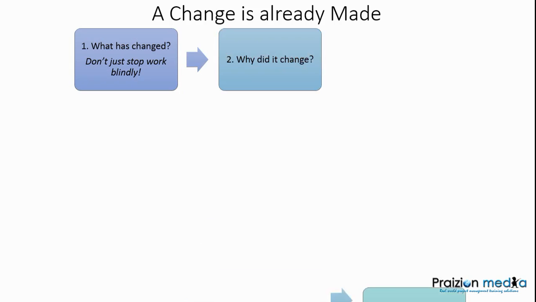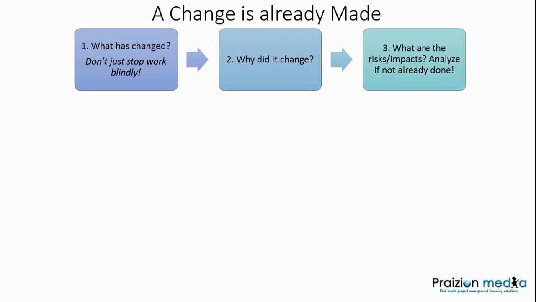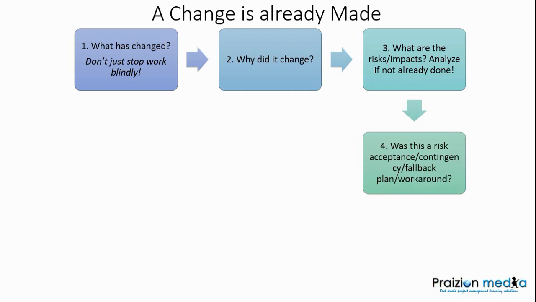After you understand why it did change, your next step is to analyze. What is the impact? What are the risk impacts? Schedule, cost, so on. Analyze what the impacts are if it hasn't already been done. The next step is, after you've analyzed the impact, ask the question, was this a risk acceptance measure?